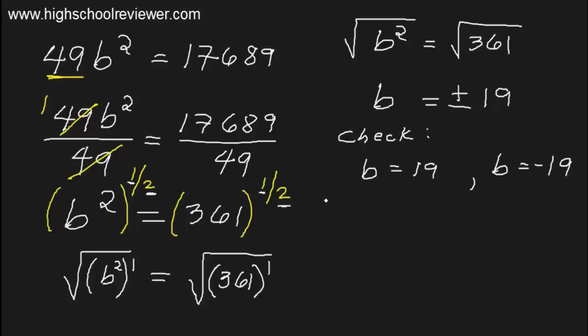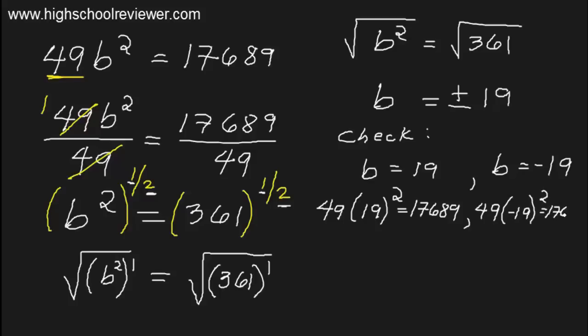So our equation will be 49 times our b here, positive 19 squared, equals 17,689. We also have 49 times negative 19 raised to 2 equals 17,689.